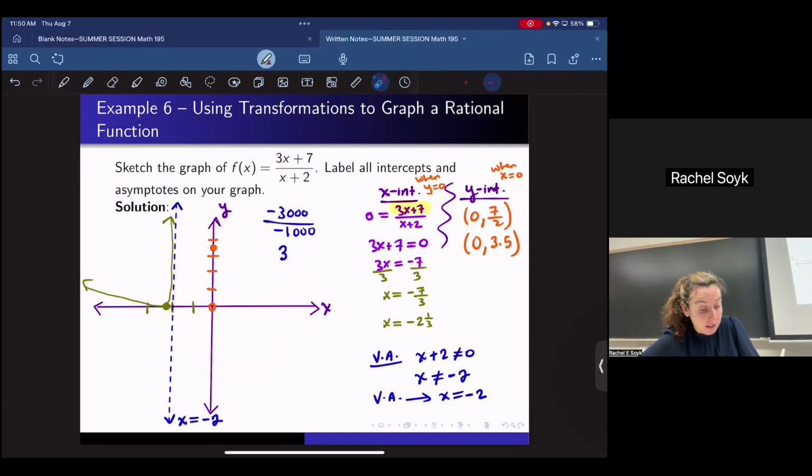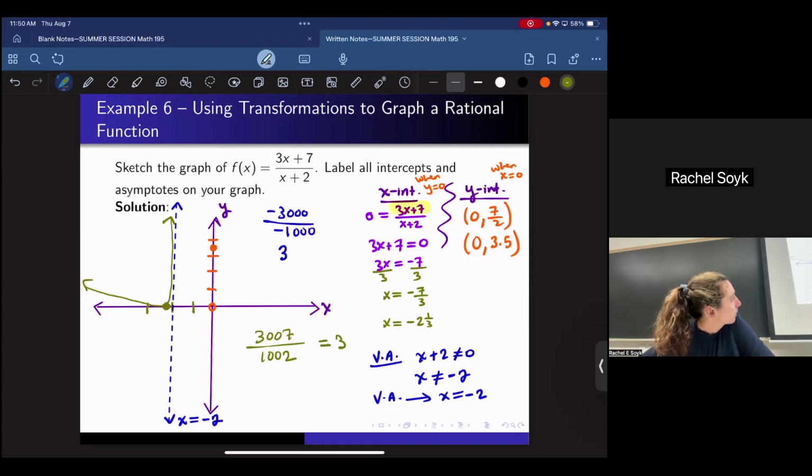As x approaches positive infinity, so we'll put in 1,000 and we get 3,007 over 1,002, which is once again very close to 3, which is actually making me realize we have a horizontal asymptote as well. Will it ever equal 3? Don't think so. Yeah, it's never going to be 3.